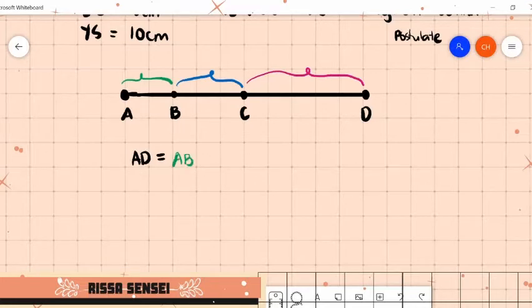Kapag i-add natin siya, kasi 3 parts yung buong segment eh. Nahati siya sa 3. So, meron tayong BC and CD. Okay? So, this is segment addition postulate. So, the sum of the parts is equal to the whole.